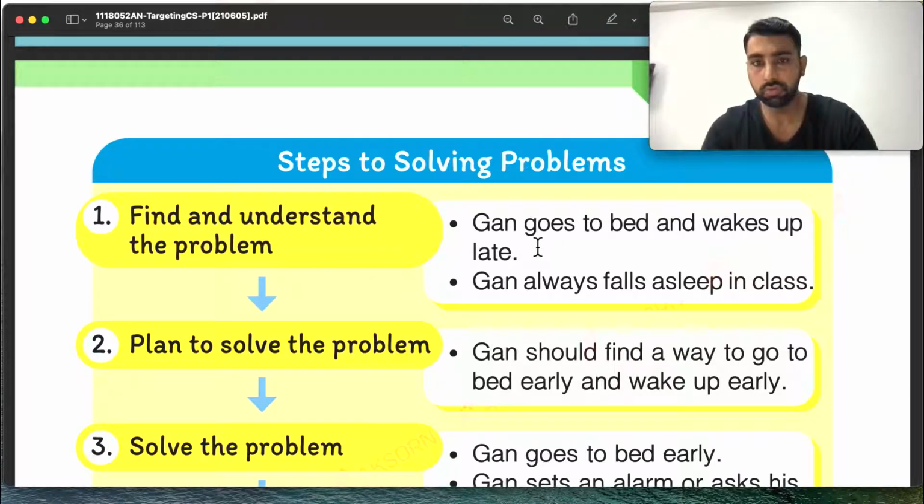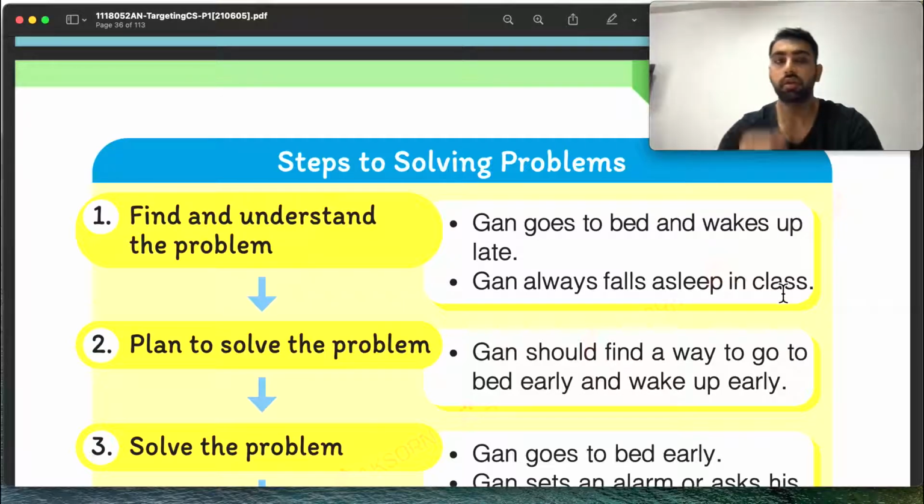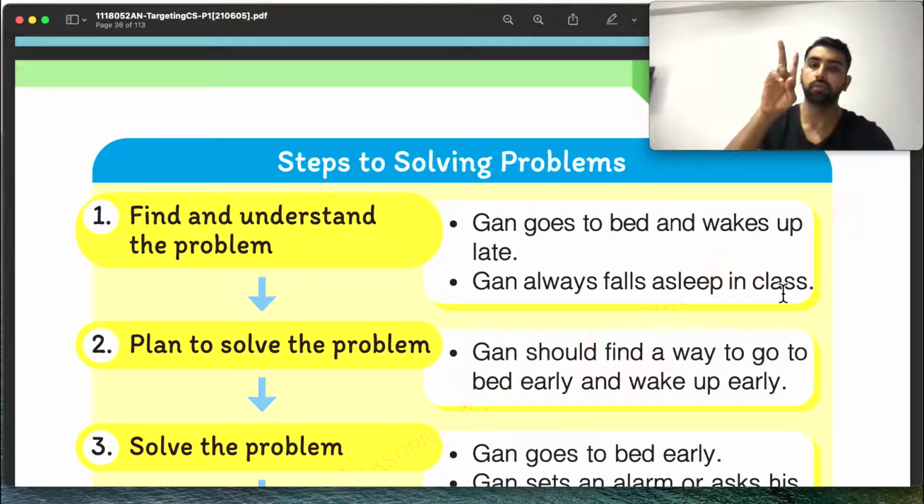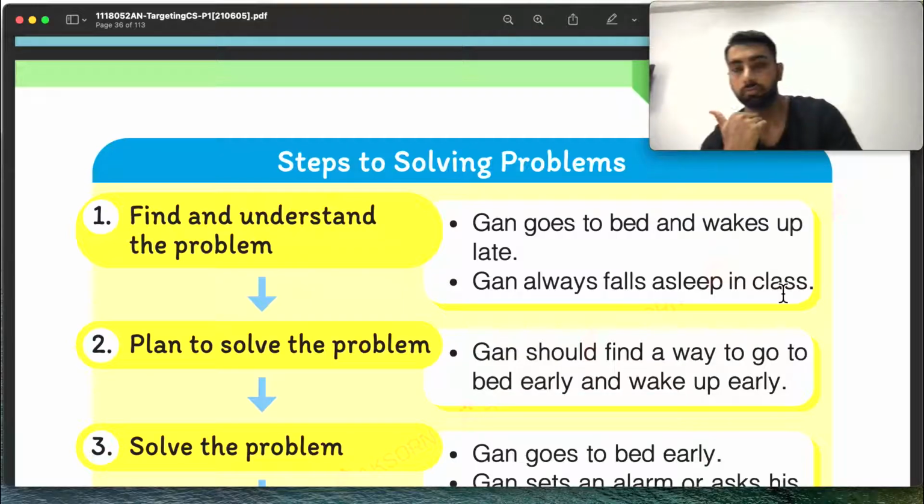Gang goes to bed and wakes up very late. Gang always falls asleep in the classroom. So there are two problems we have. First, he goes to bed late and wakes up late. Second, he sleeps in the classroom.